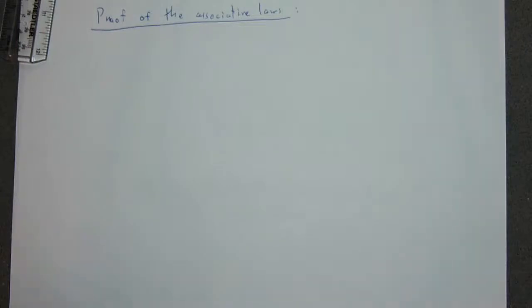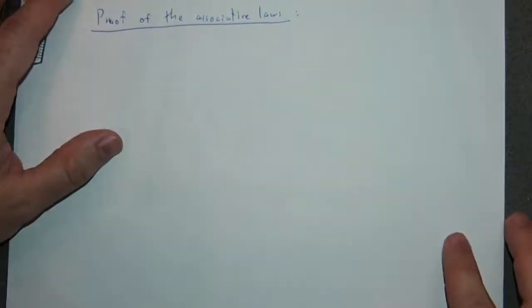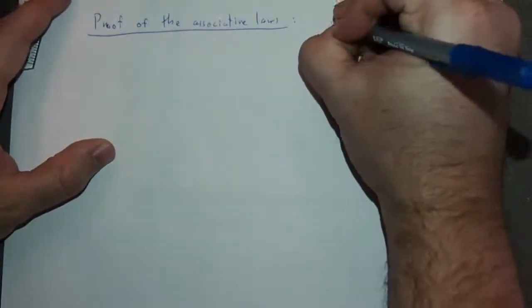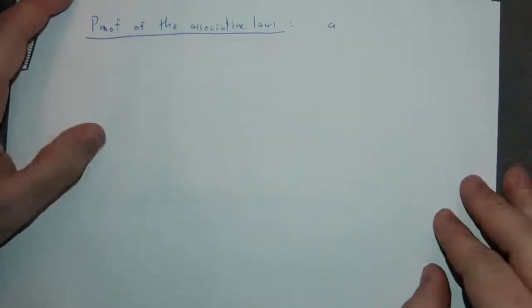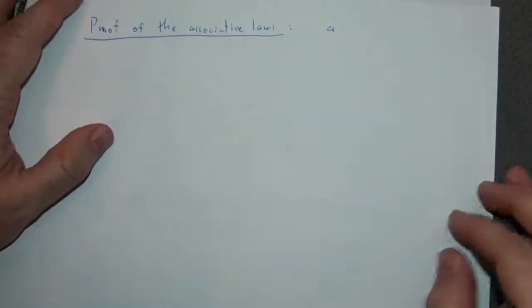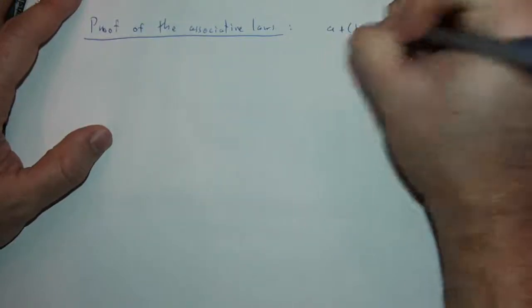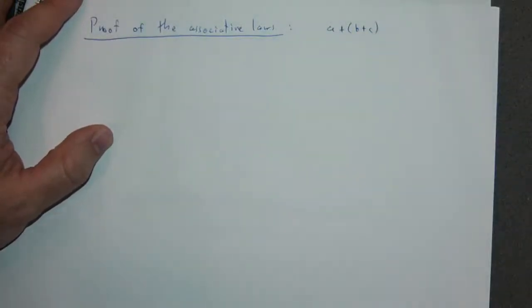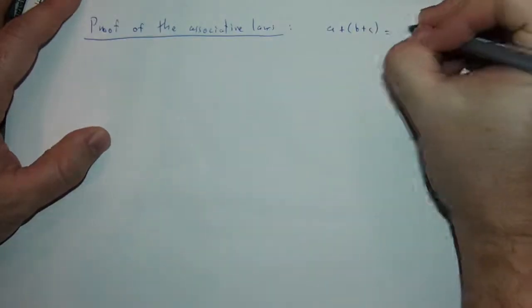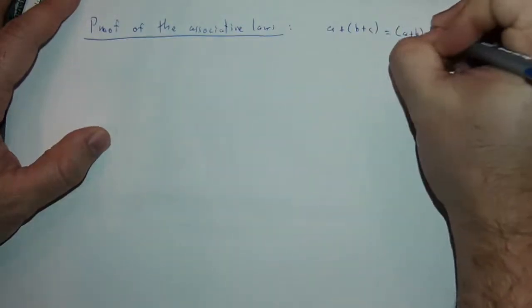So let's prove the associative laws. Let's do the one for addition first. The one for multiplication is similar, but we'll see both of those diagrams. So (A plus B) plus C is the same thing as A plus (B plus C).